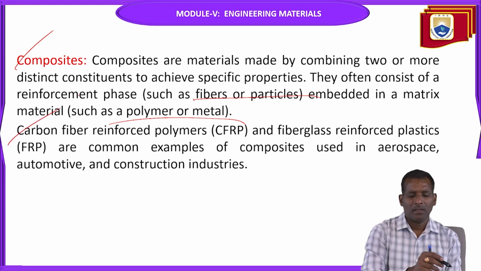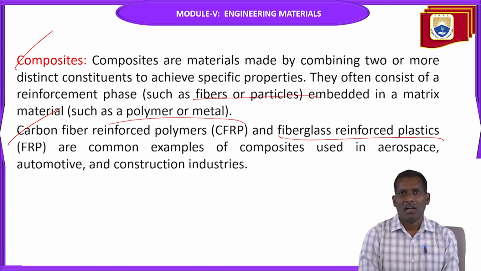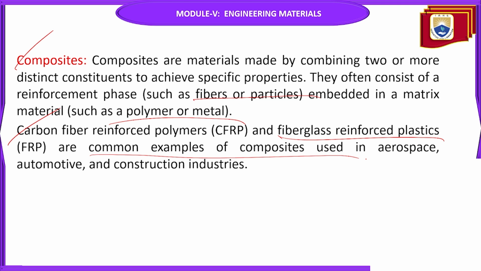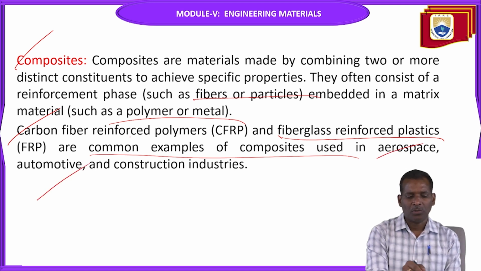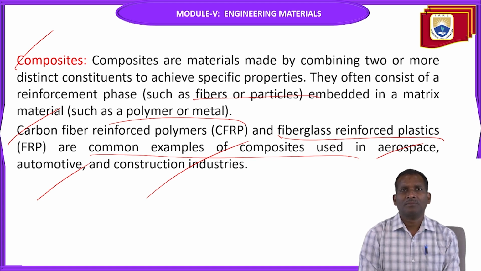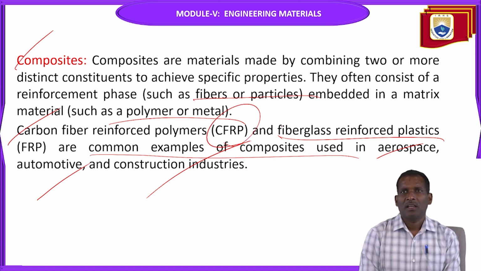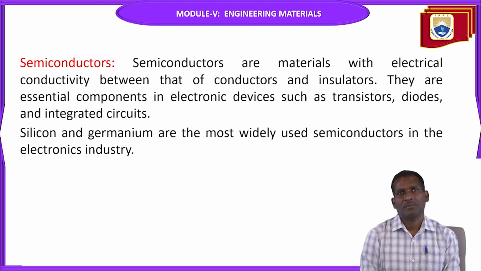Carbon fiber reinforced polymers (CFRP) and fiberglass reinforced plastics (FRP) are common examples of composites, mostly used in aerospace, automotive, and construction industries.